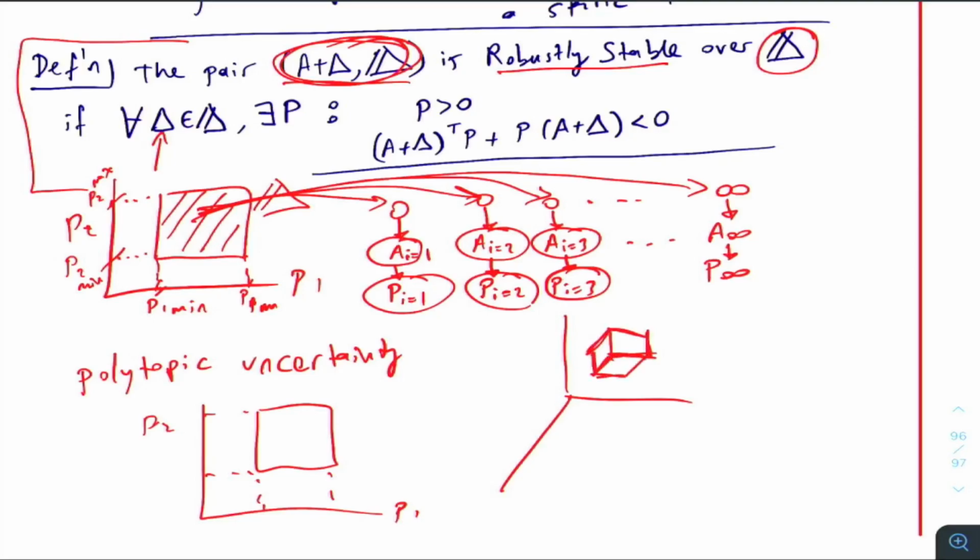Okay, for example, this is another polytopic, right? That type of thing. Meaning, for example, in this case, let's call it P1, P2, and P3.